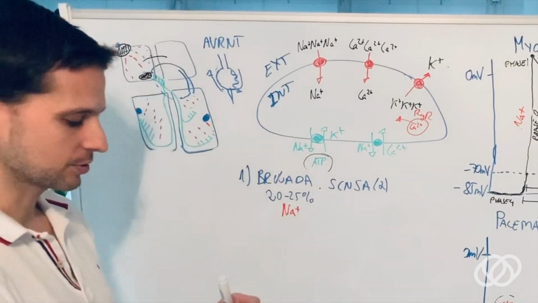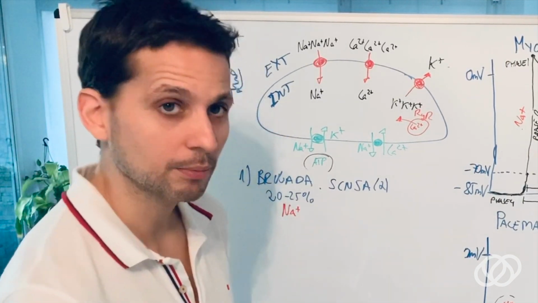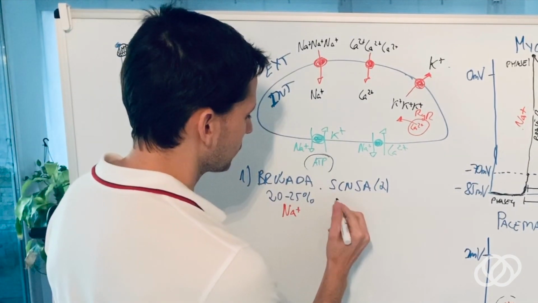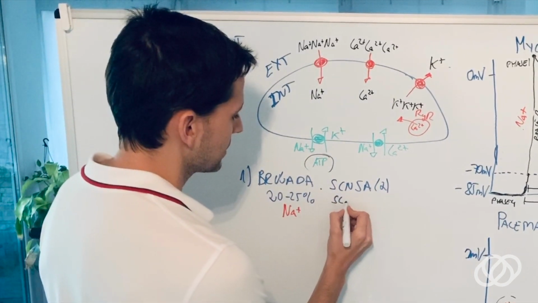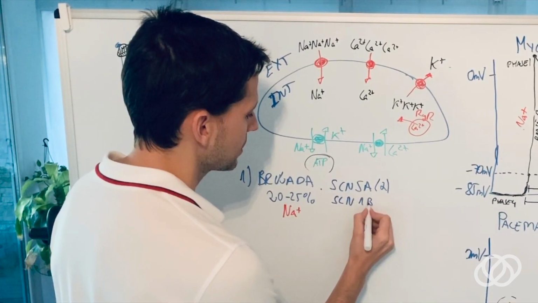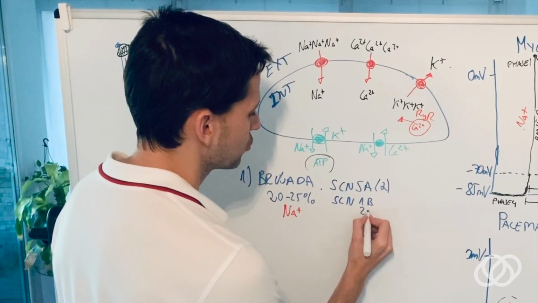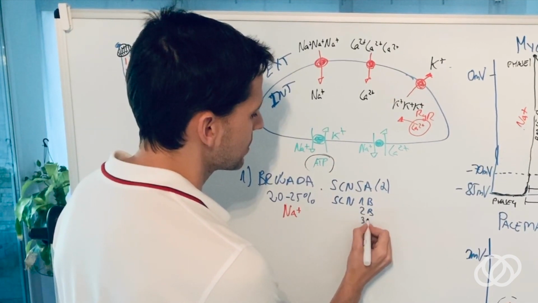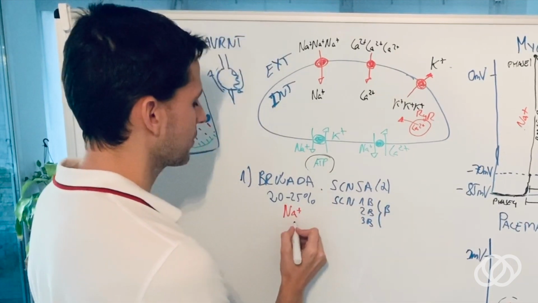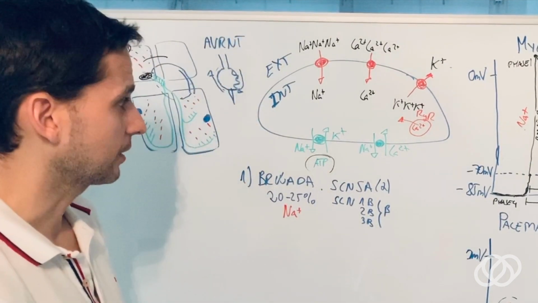We must remember sodium when we think about Brugada syndrome. We can find other genes that could be involved, that is the SCN1B, SCN2B, and 3B. All of them codify the beta protein of the sodium channel.